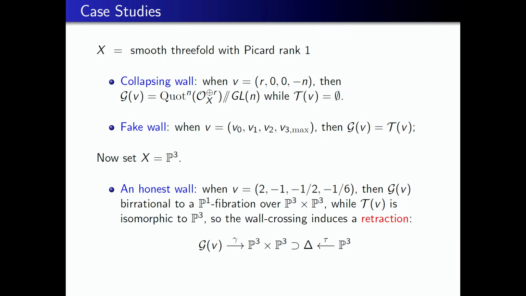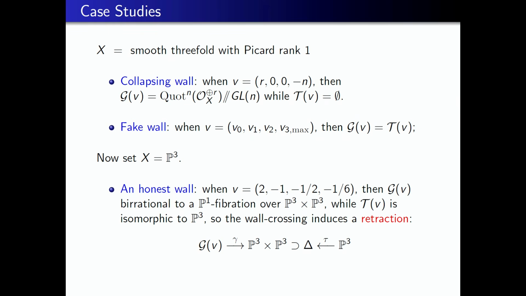Okay. The case studies. X is a smooth threefold. The first examples, well, these two examples, work for any smooth threefold with Picard rank 1. There is a situation when you take V to be this (R,0,0,-n), then the Gieseker moduli space is just a Quot scheme of O_X^R, while the PT moduli space is just empty when n is non-zero.